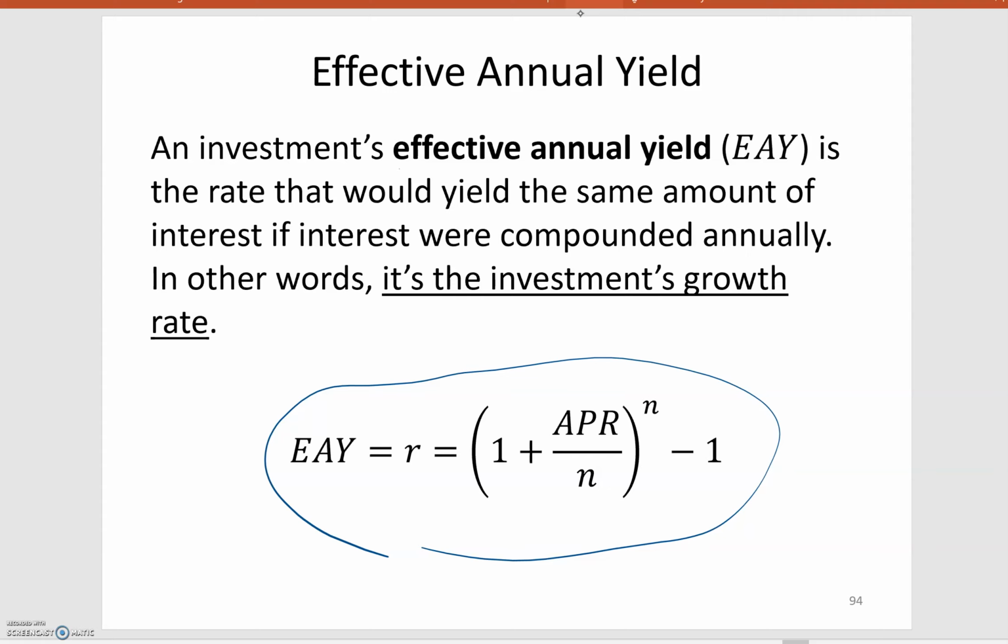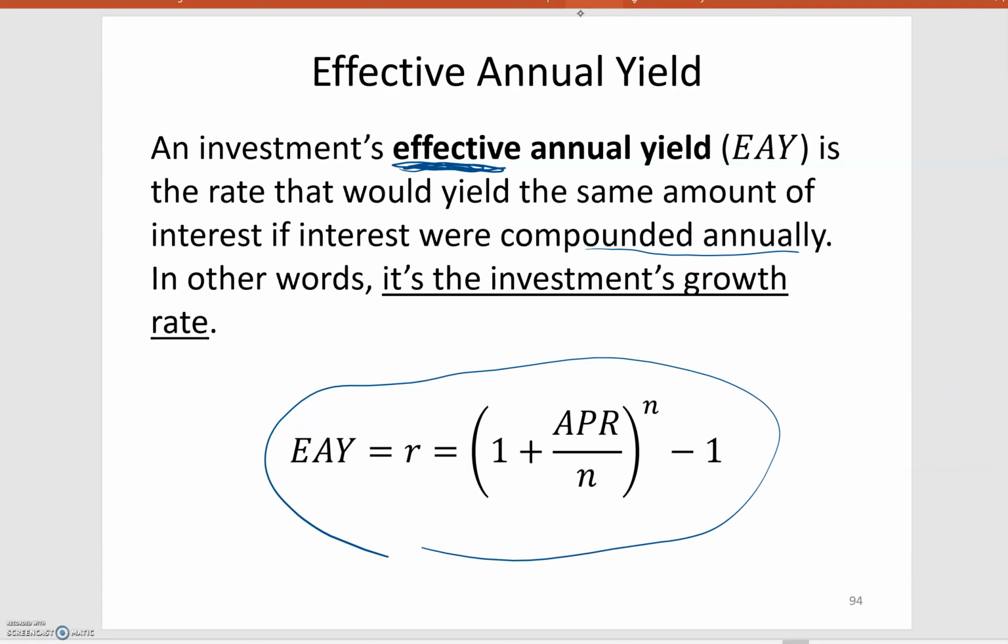If you think about that word effective, you can sort of imagine that this said equivalent. So it's sort of effective in that sense. Like, what do you actually get effectively? So an investment's effective annual yield is the rate that would yield the same amount of interest if interest were compounded annually.